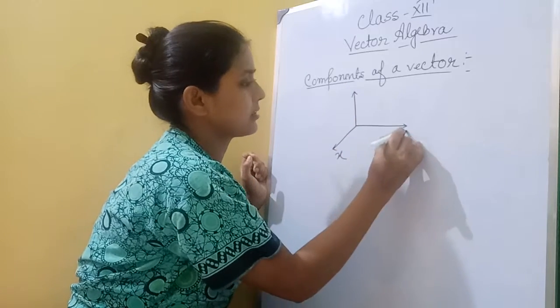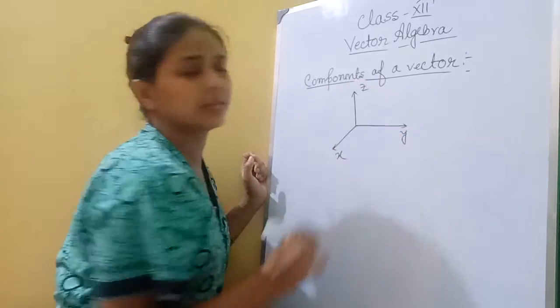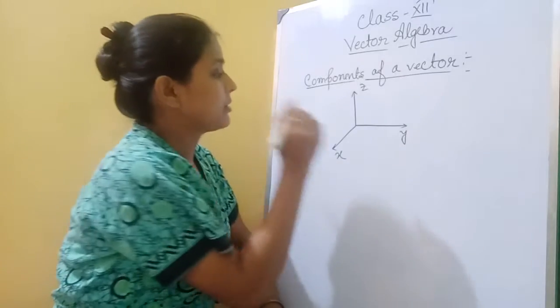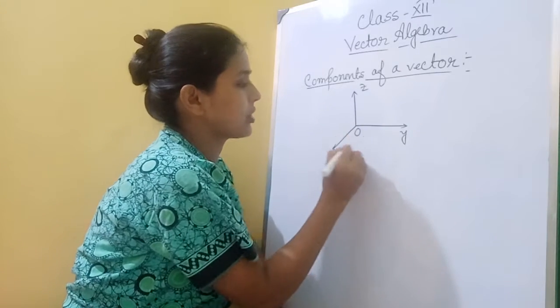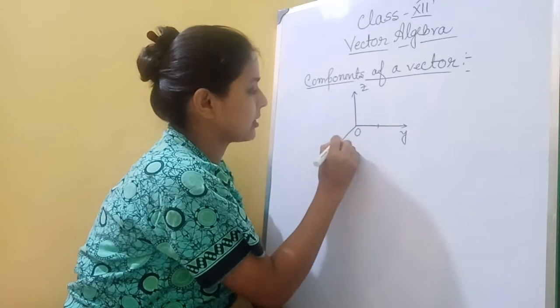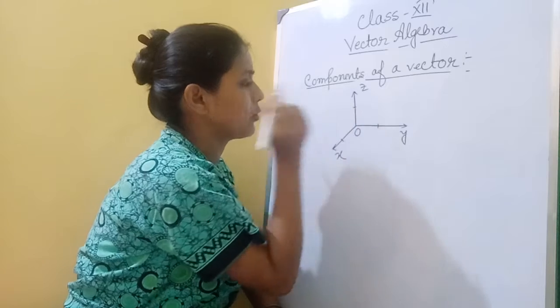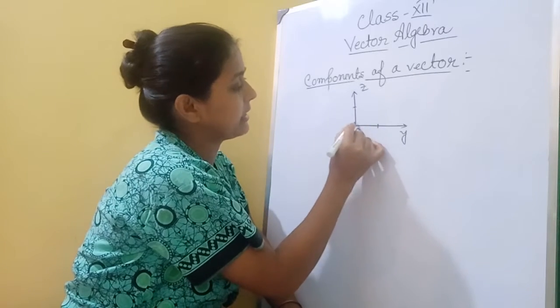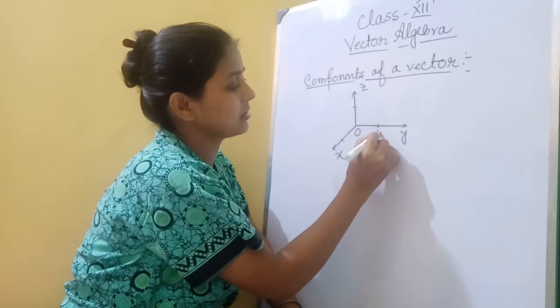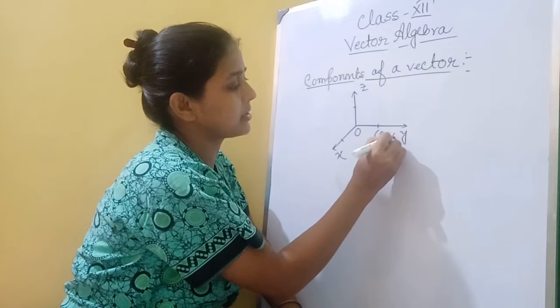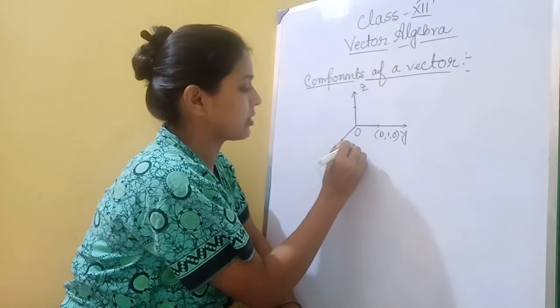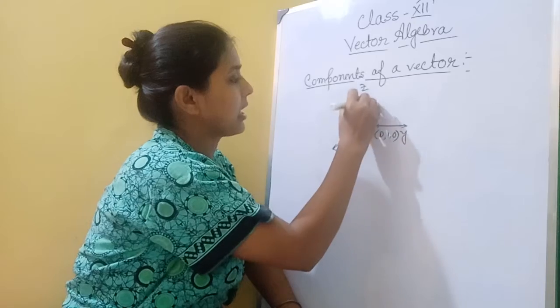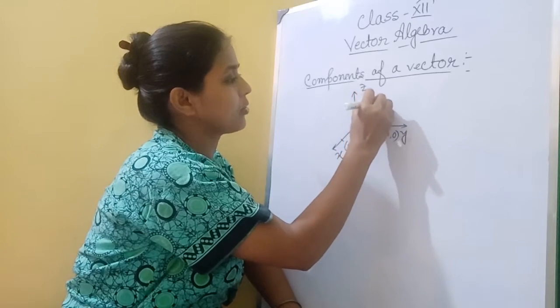This is x, y, z, and obviously this is the origin. Suppose these points are at equal distance from the origin. We are taking this one as 0, 1, 0, this one 1, 0, 0, and this one 0, 0, 1.